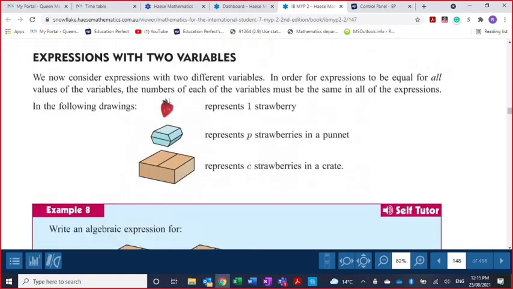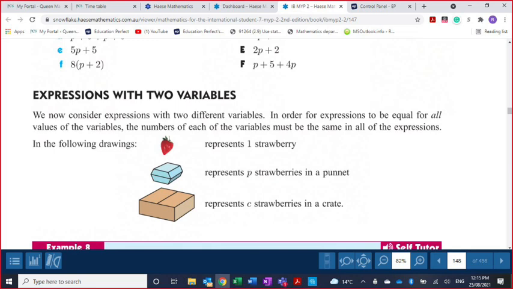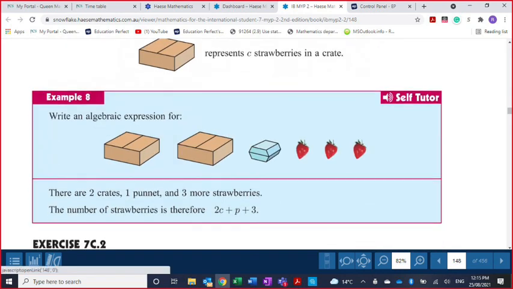All right. Now, you could have more than one variable, unknown, right? So here we have cases, punnets, and strawberries. Well, the strawberries are easy to count. Punnets, we don't know what's in there, and we also don't know how many punnets or strawberries there are in a crate. So it's just adding more things, which means you need to add another variable, another letter for it. So here we have 2 cases plus a punnet plus 3, right?